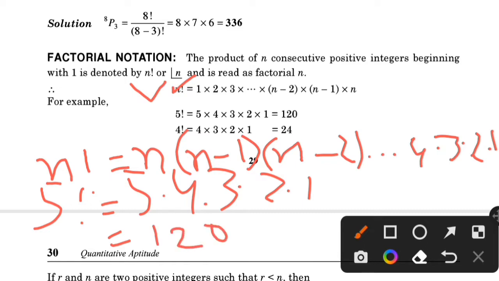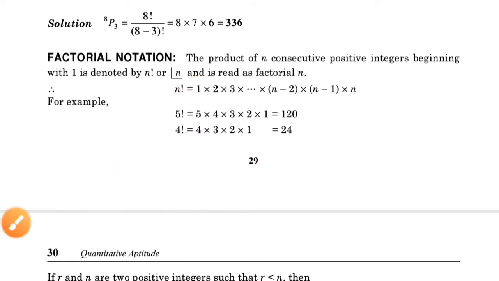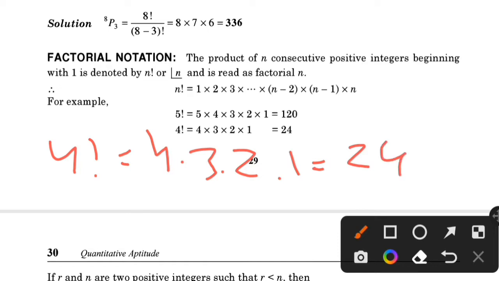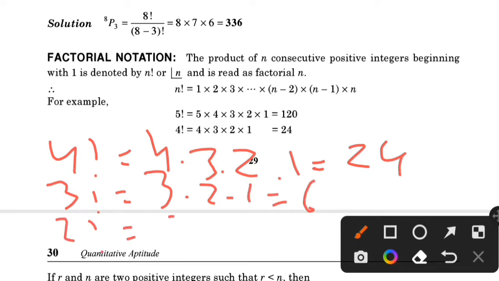So 5 factorial means 120. Similarly, 4 factorial is 4 3 2 1. So 4 3s are 12, 2s are 24. So 4 factorial is 24. 3 factorial is 3 2 1 is 6. 2 factorial is 2 1 is 2. Okay, so please memorize these concepts.